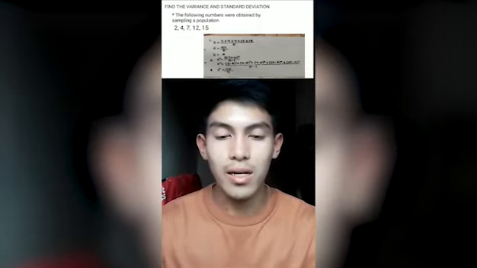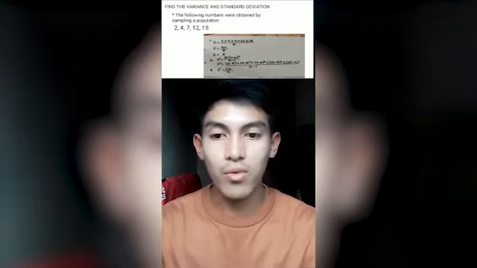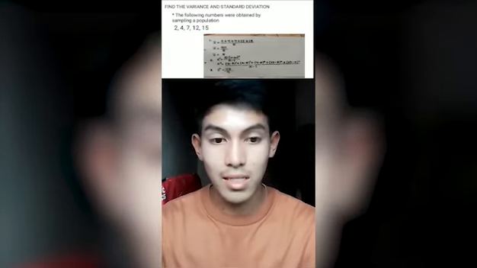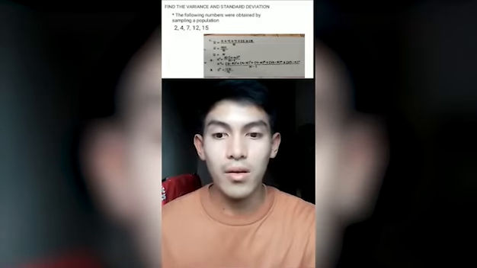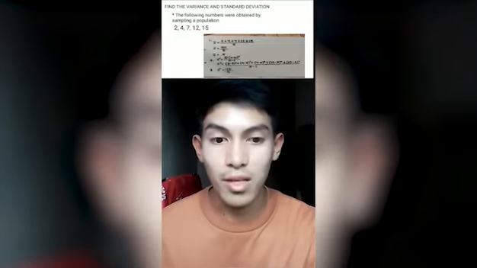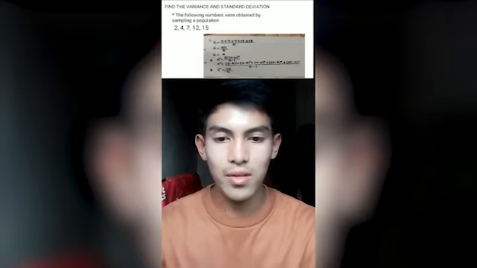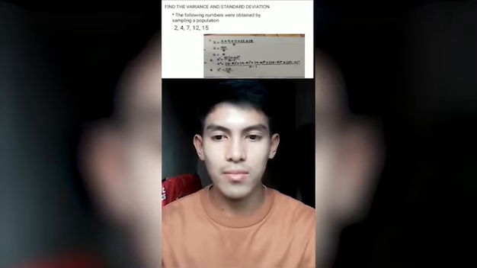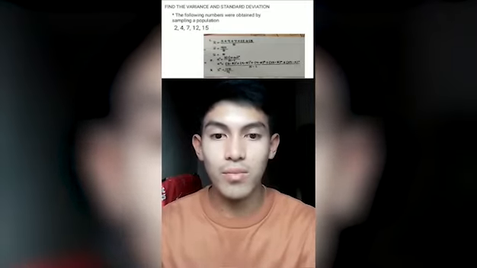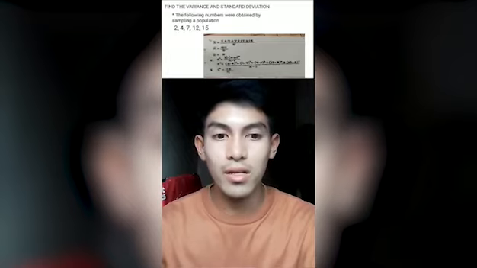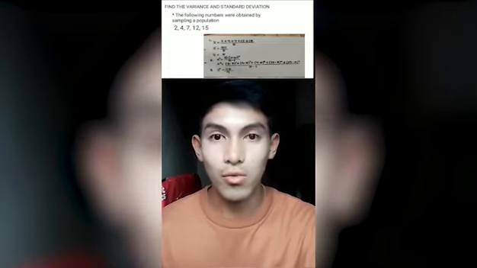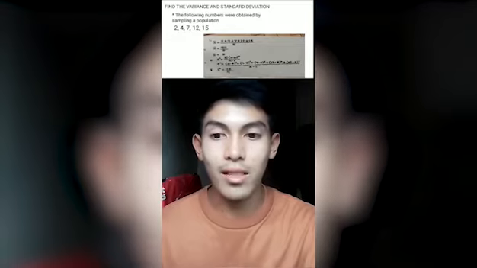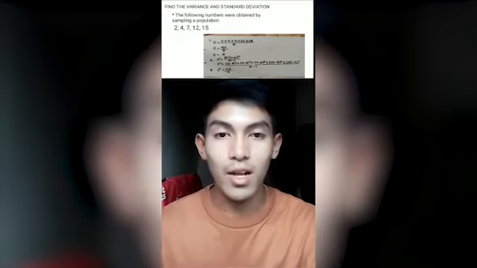Here in step number 2, we compute the variance. Since this is a sample, we're going to use this formula for getting the variance of the sample data. We'll go one by one, starting with 2. Subtract it from the mean we got, then square it, plus the next one.